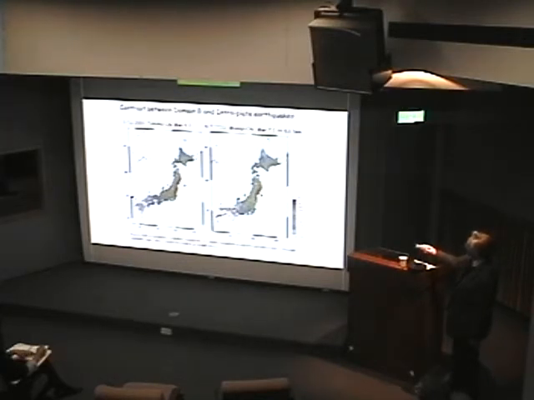So this is the main shock, 9.0, which happened somewhere around here, and produced this PGA here. And PGA is very large over a large area, in some places more than g. And this is one of the aftershocks that happened on April 7th. The main shock was March 11th, so about a month later.